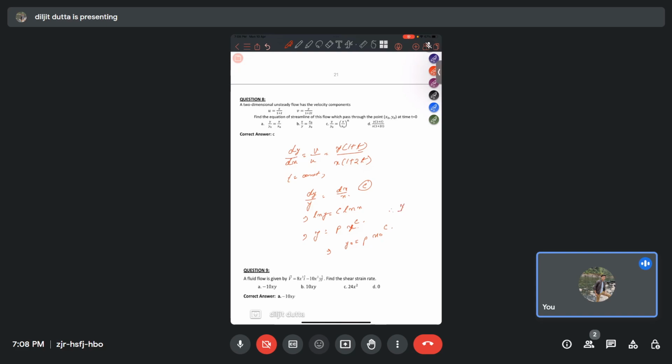Therefore the equation of the streamline is y by y naught is equal to x by x naught to the power n, where n is equal to 1 plus 3 by 1 plus 3. Answer is option C.